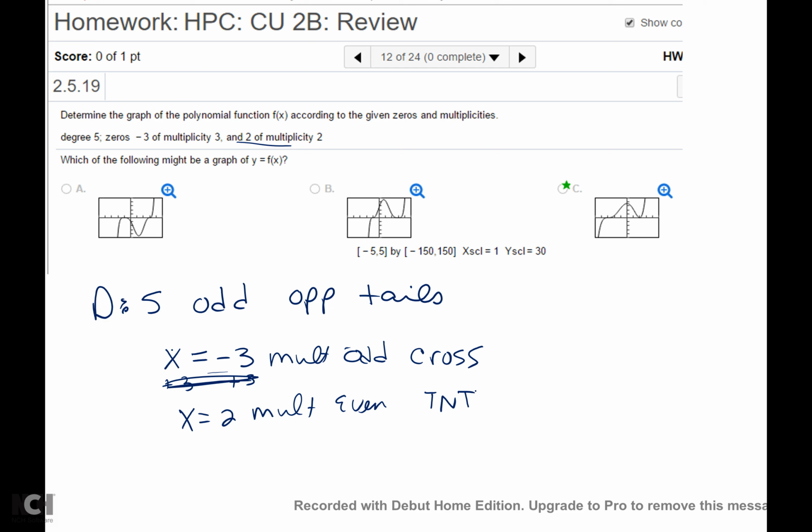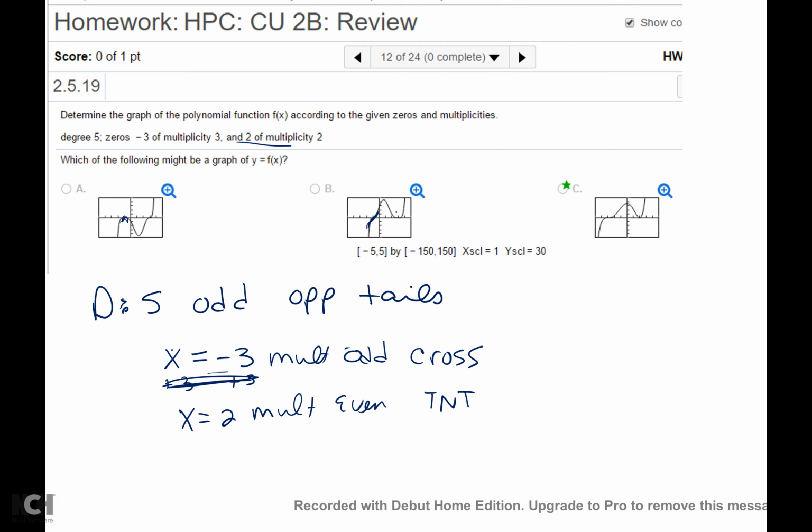So I've got to have my opposite tails. At negative 3, it has to cross, okay? And here, I'm assuming is my negative 3. It's not crossing, it's just tangent there. Whereas on this graph at negative 3, it actually passes through. And you see how it kind of flattens out? That means it could be even or odd and flatten like that.